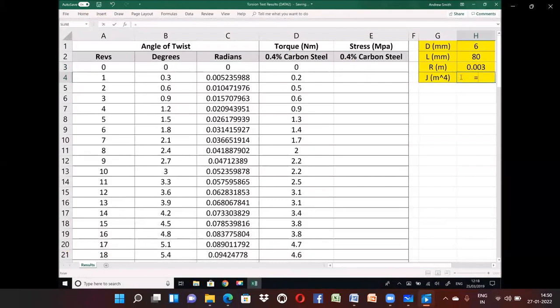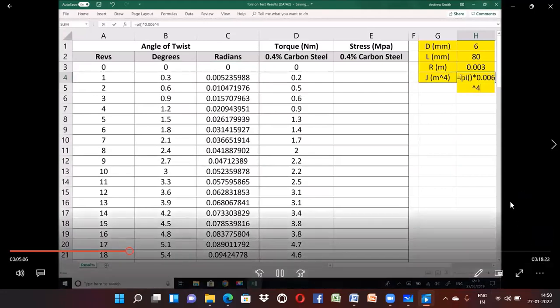So equals pi. Well, we've already said we can input pi by doing pi, open brackets, close brackets, times the diameter to the fourth. Well, we have the diameter in millimeters, 6 millimeters, but we need to input that diameter in meters, or 0.006. And we need to raise that to the power 4. Well, to the power of in Excel is shift 6.